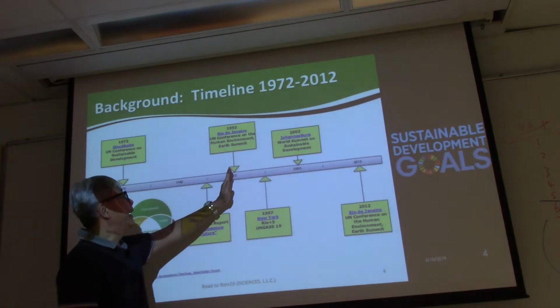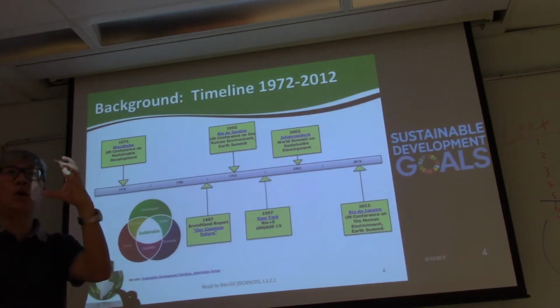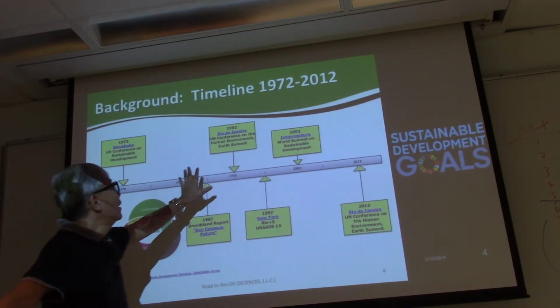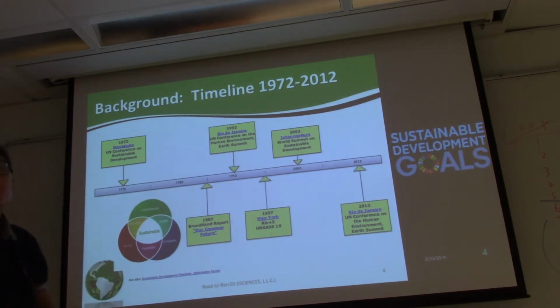But in 1992, they actually pinpointed particular goals under these three domains. 1992 was a significant one because that was held in Brazil. Brazil, you all know, has the last rainforest in Amazon.